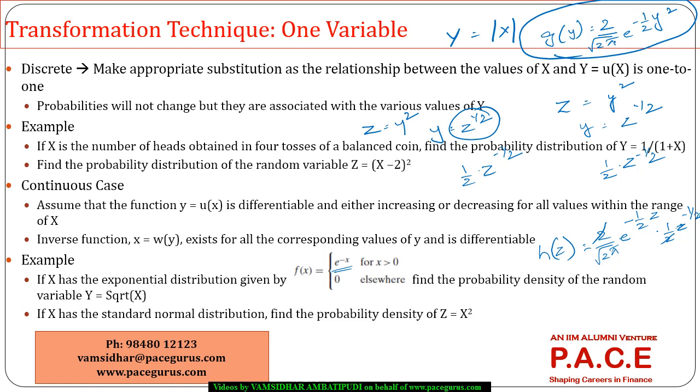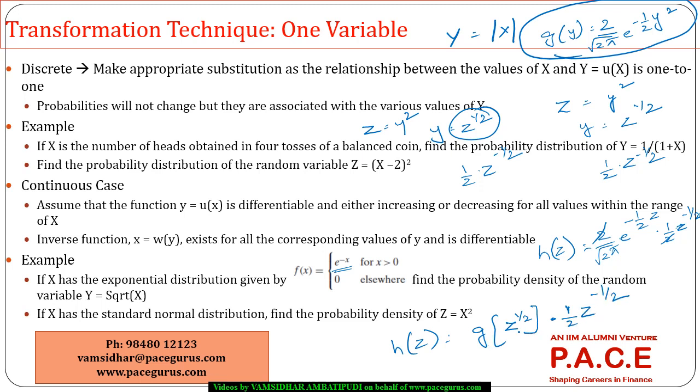So if this is g of y, my h of z is nothing but g of the inverse of y. The inverse of y is nothing but z to the power of half, multiplied by the derivative of y, which is nothing but half z to the power of minus half.